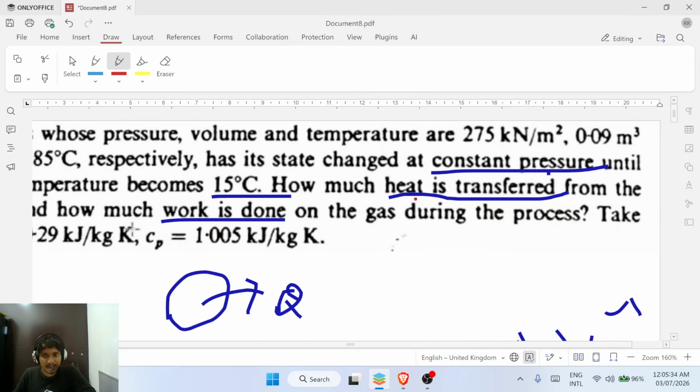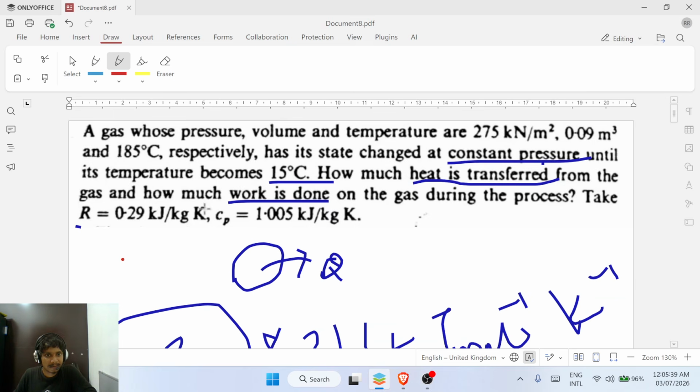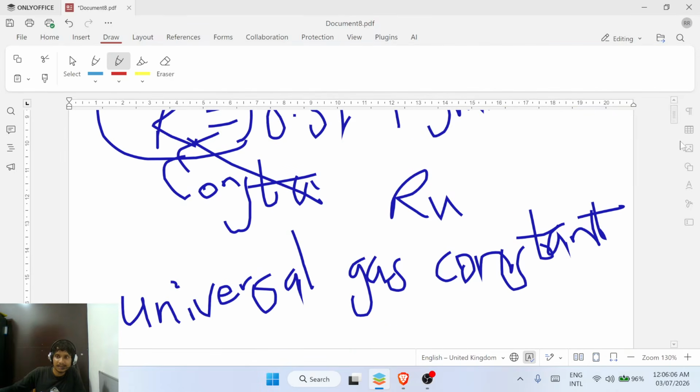Now you have found the heat transfer. Then how much work is done on the gas during the process? W is minus. What is the meaning of negative in the work done?